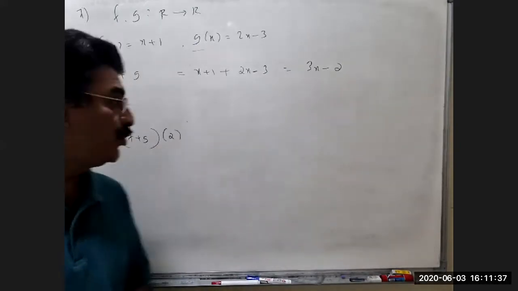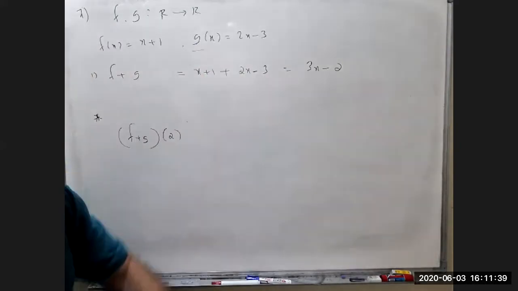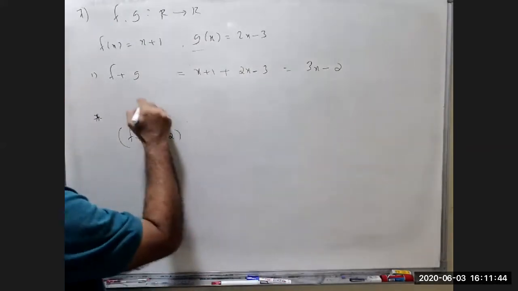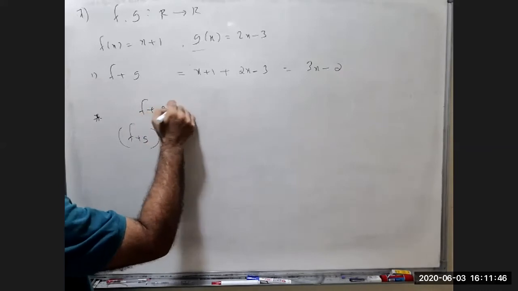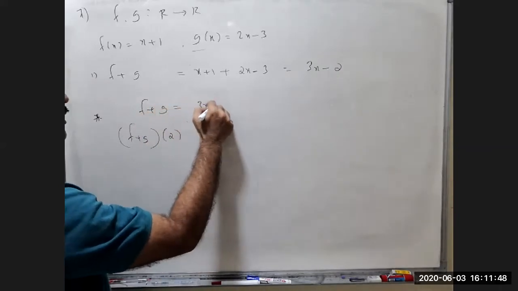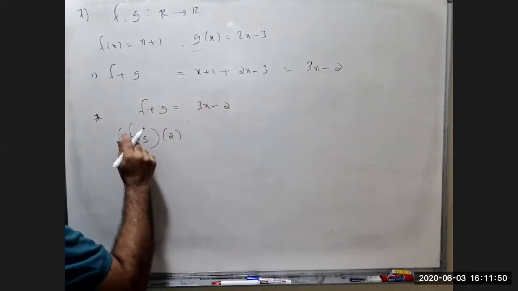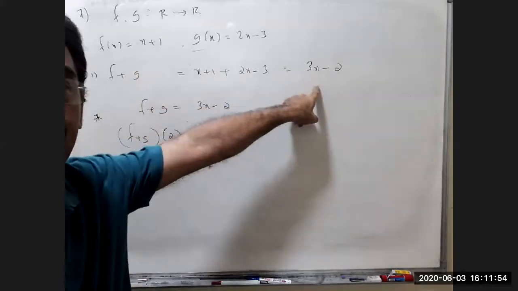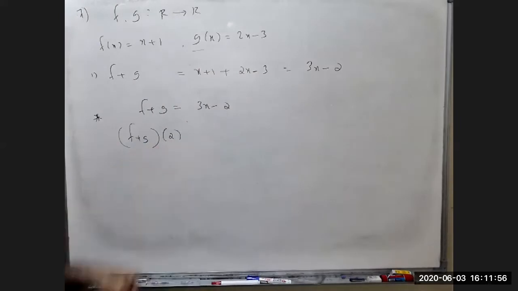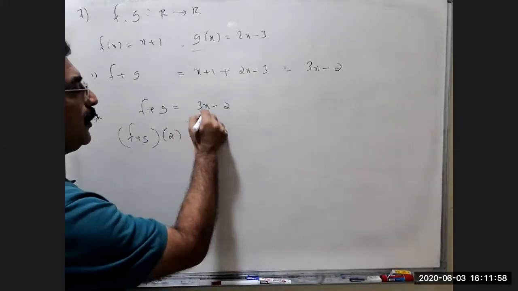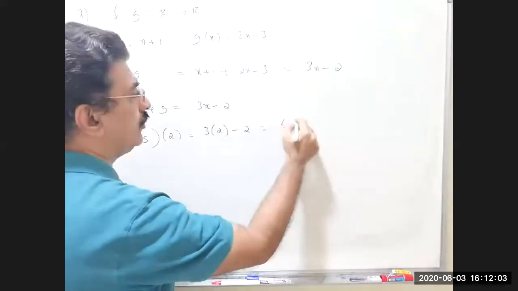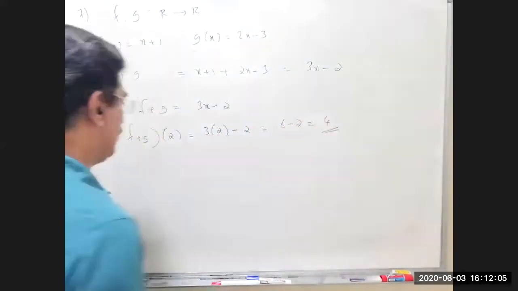F plus g of 2 means first find f plus g. What is f plus g? After finding, f plus g is 3x minus 2. Now f plus g of x is 3x minus 2. Now f plus g of 2 means in place of x, write 2: 3 times 2 minus 2, which is 6 minus 2, 4 is the answer.